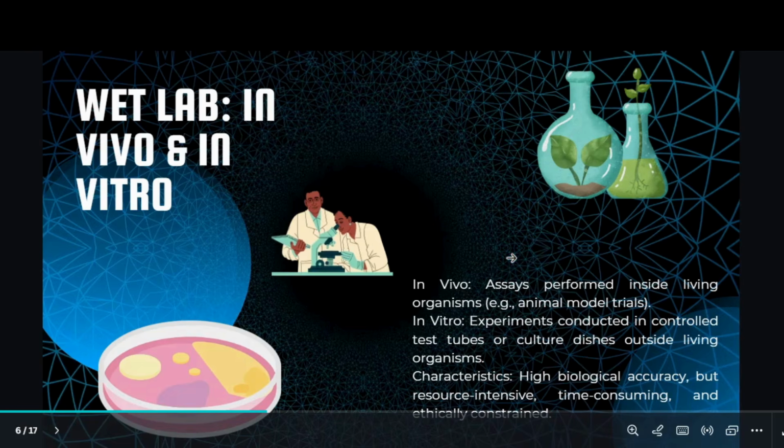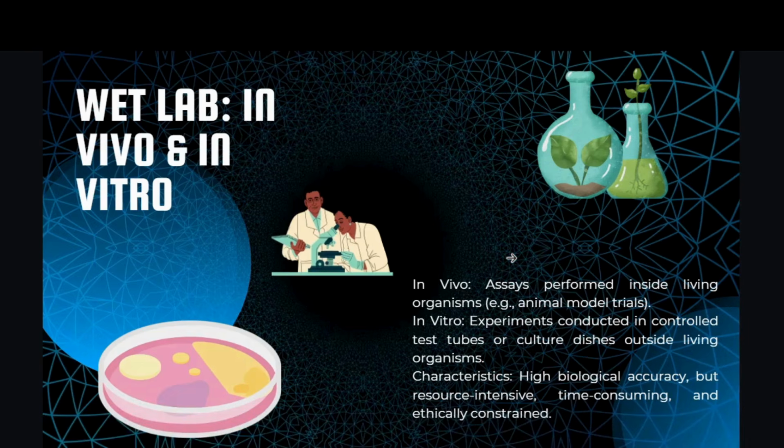Here we don't use the actual living organism, we use test organisms or cultures. So basically in vitro is everything we take in our hand, in our control, and then we perform the experiment outside the living organism. And in vivo means we perform the experiment inside the living organism.